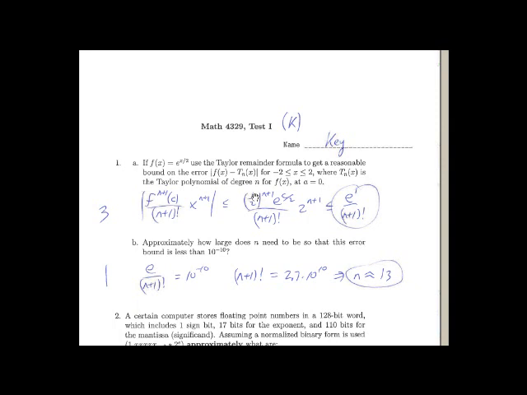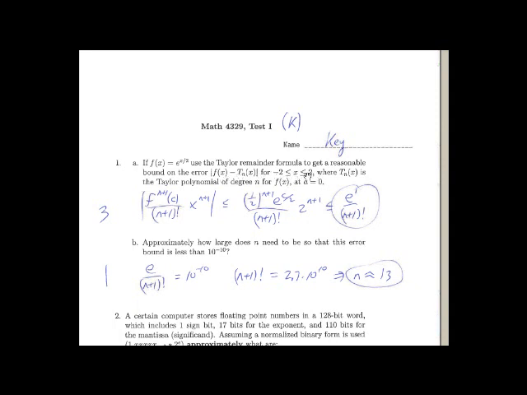Okay, here's a problem where they talk about the Taylor polynomial of a general degree n. That makes it a little harder, but for this function, it's easy to take the n plus first derivative. It doesn't ask for the Taylor polynomial itself, just for a bound on the error for x from minus 2 to 2.